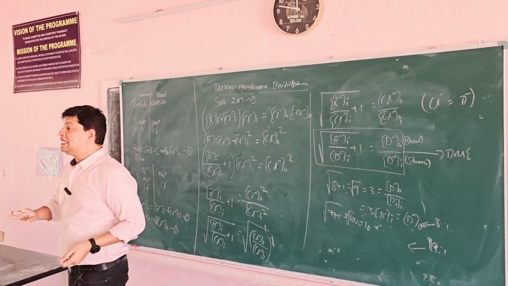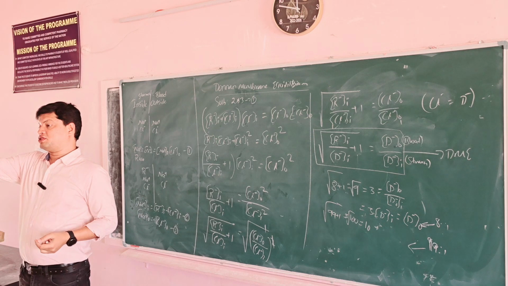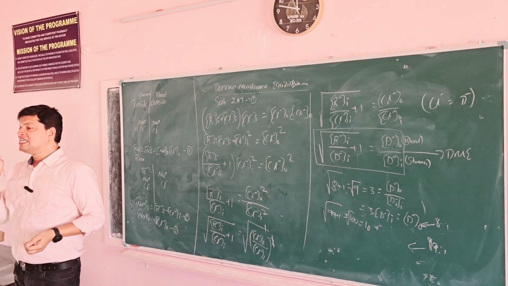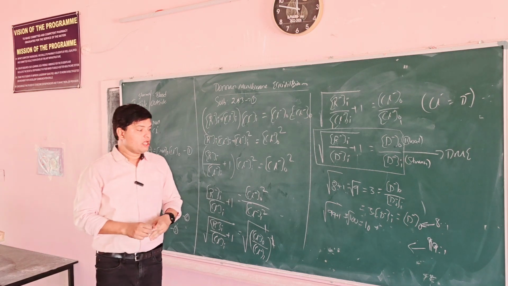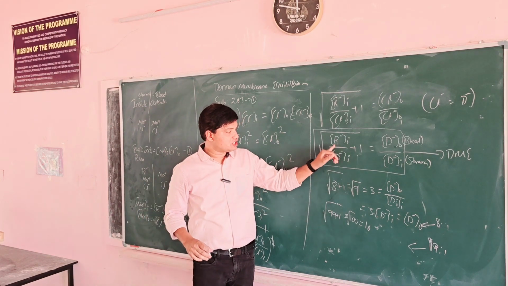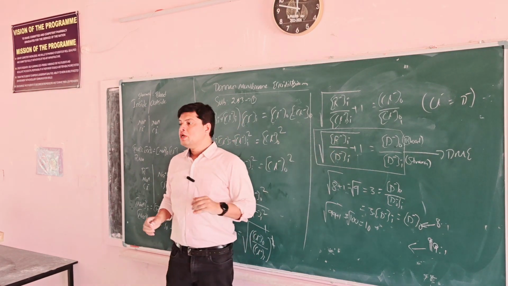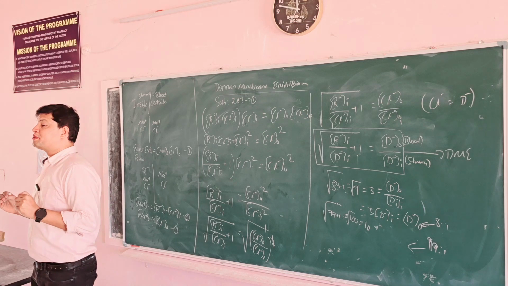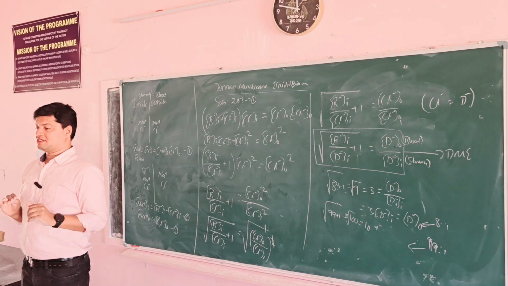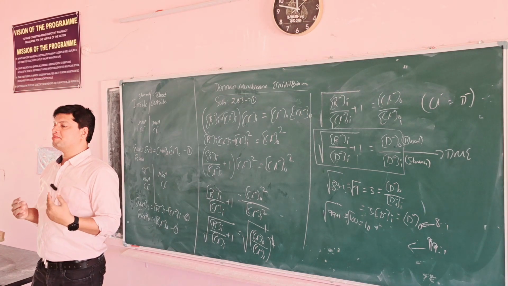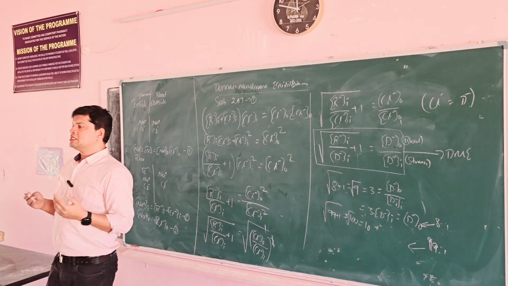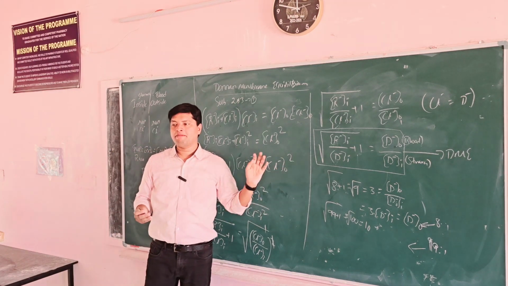You can increase the absorption by 3 folds if you give in the ratio of 8:1. If you give in the ratio of 99:1, you can increase the absorption by 10 folds. That is your Donnan membrane equilibrium.